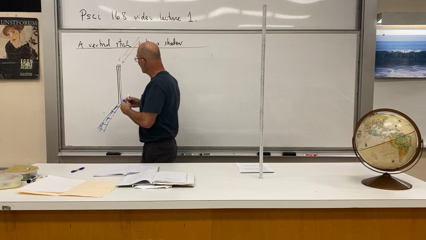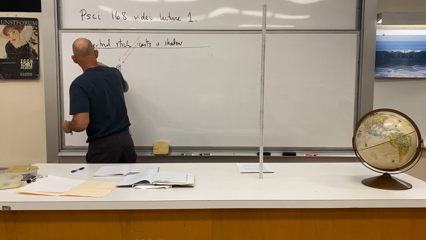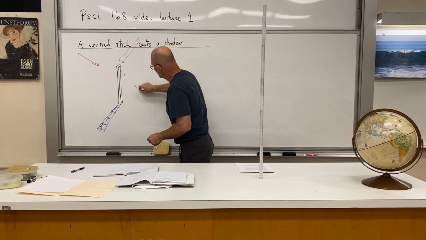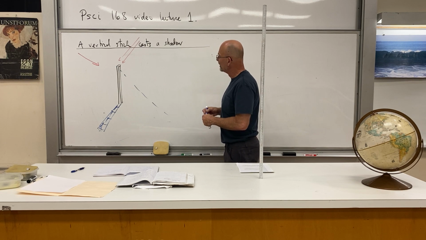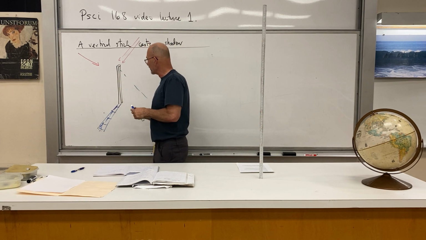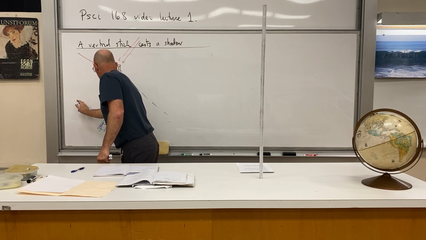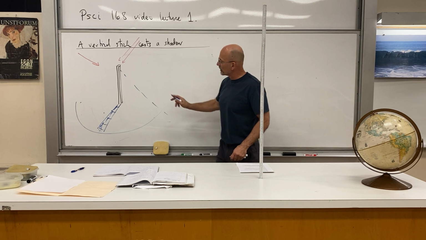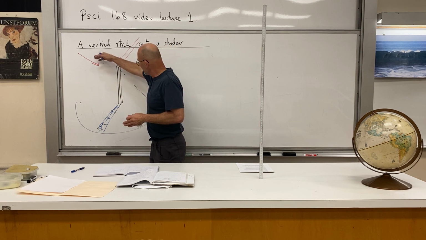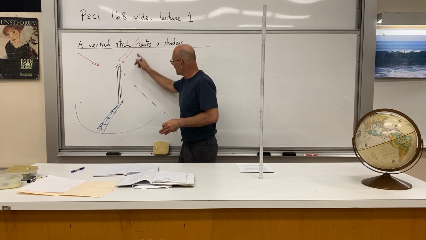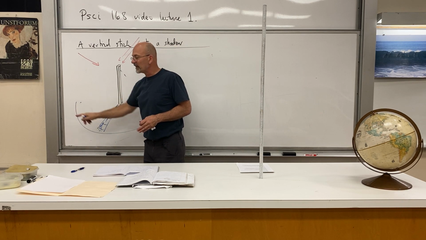Whereas in the morning, we will have a very long shadow being cast over here, and in the evening, we'll have a very long shadow being cast over there. So this shadow is actually going to be cast on the ground early morning here, noon, and then evening over there.